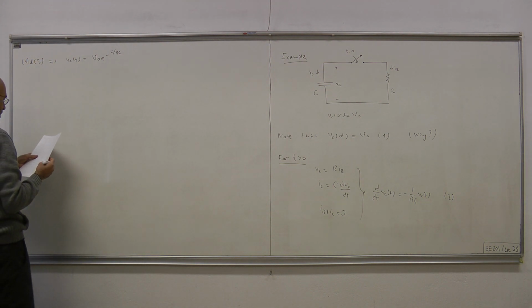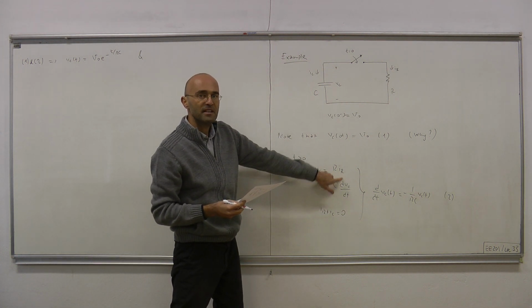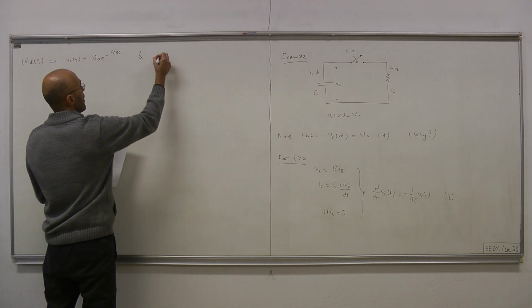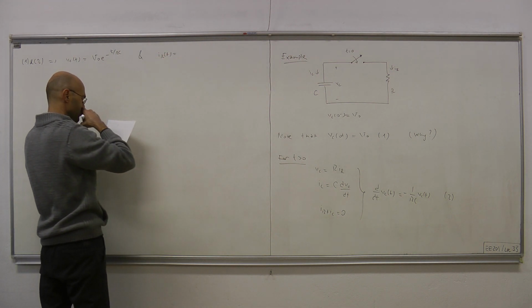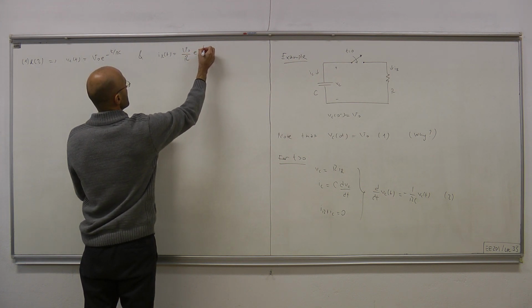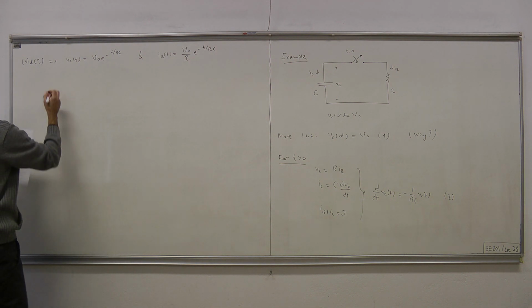Okay? Once we have Vc of t, we can immediately obtain the resistor current, and we have IR of t equals V0 over R e to the minus t over RC.